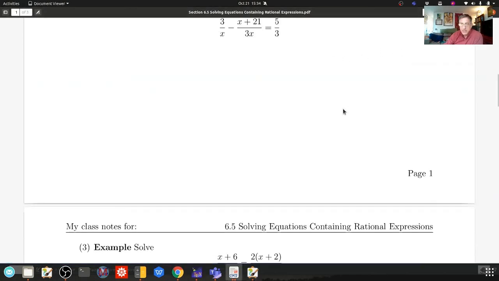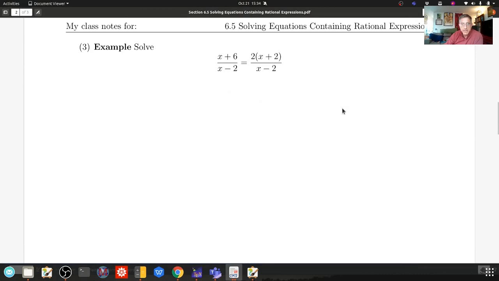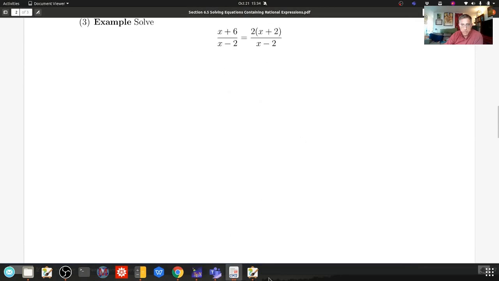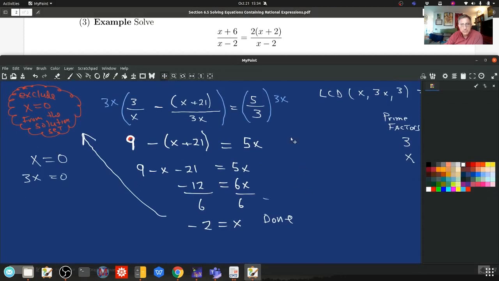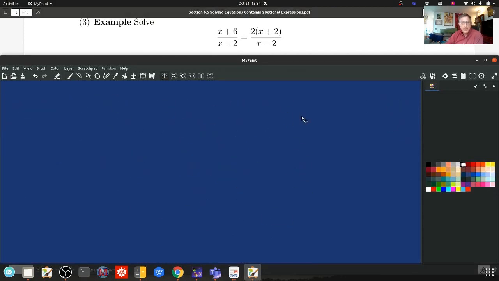Now let's do the next one. Some of these can get involved, and this is going to be our first involved one. It's nice here because we don't have to find the least common denominator.